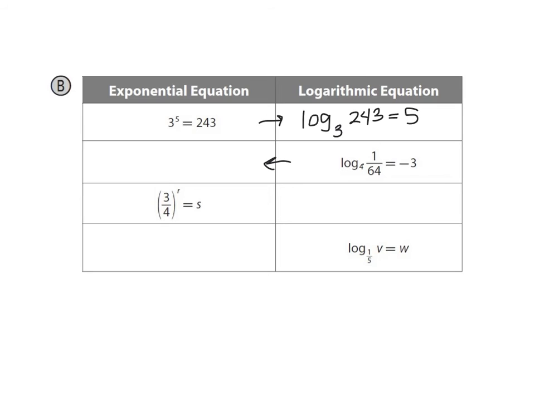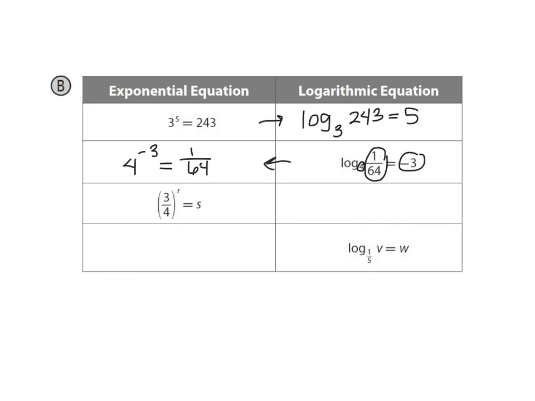Your base is that small number on a log. Base 4, raised to the -3 power. The output now becomes the input, equals, here's my input, now it becomes my output. I'm hoping that you can see how these are inverses and how the numbers move from being an input to an output to an input.